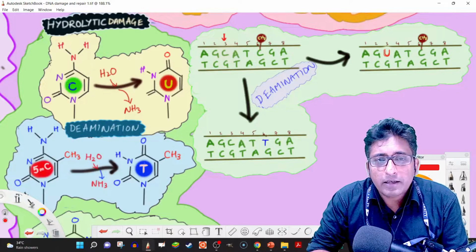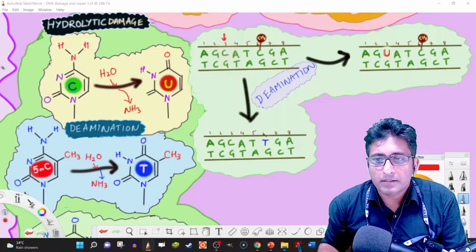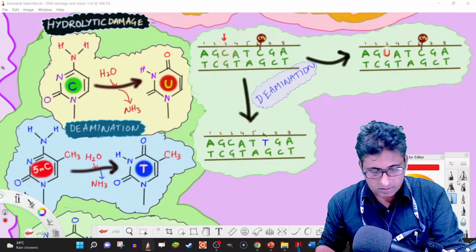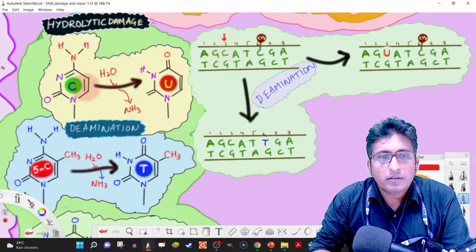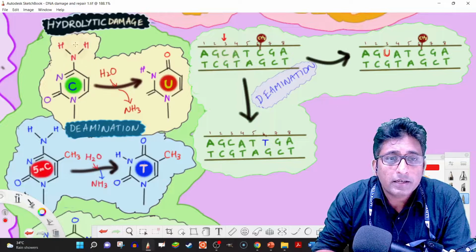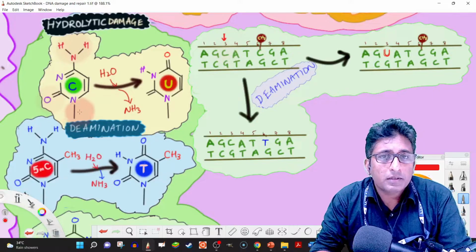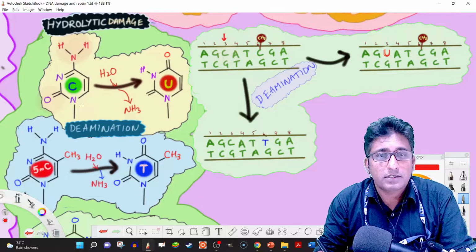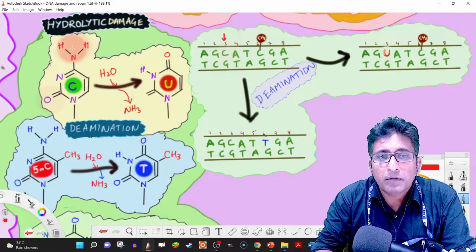So here is a cytosine that is present, a small molecule, whereas the DNA is larger. Cytosine has an amino group and one keto group, and there is a probability that because of the hydrolytic activity of the water, the amino group might be lost.